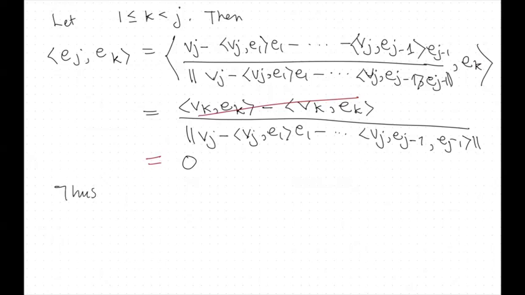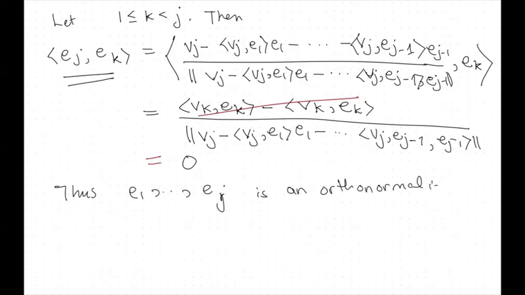Thus, what can you say about this E sub J and E sub K? We get E sub 1 up to E sub J is an orthonormal list of vectors.